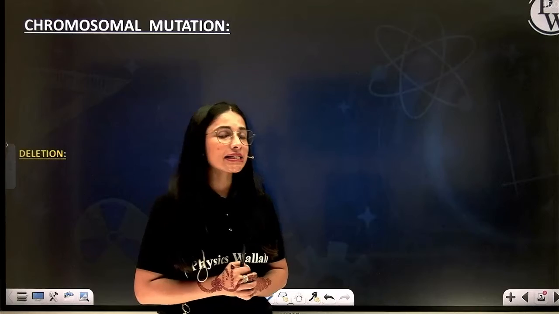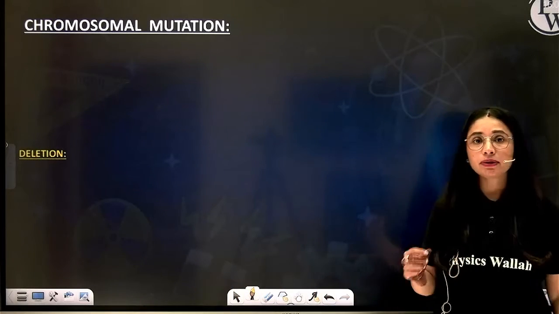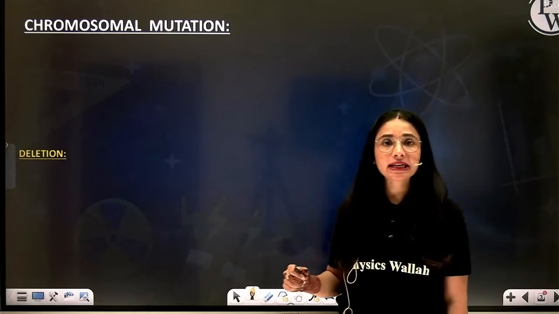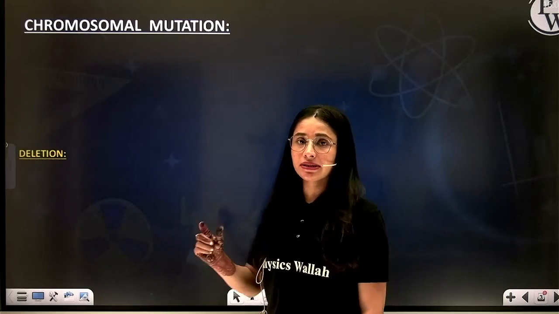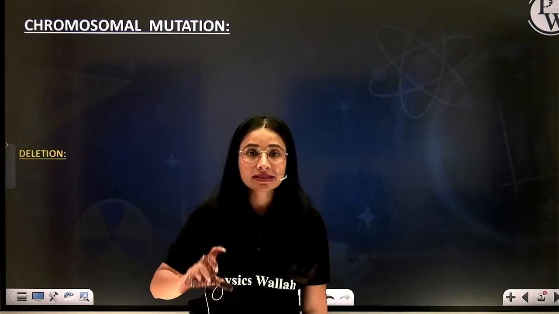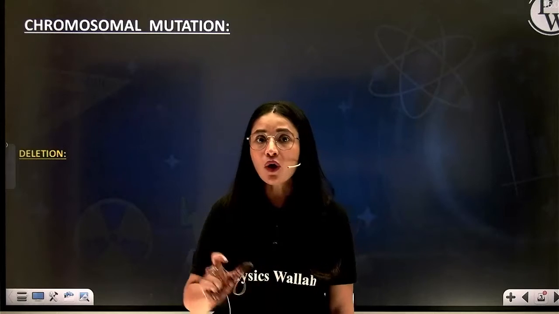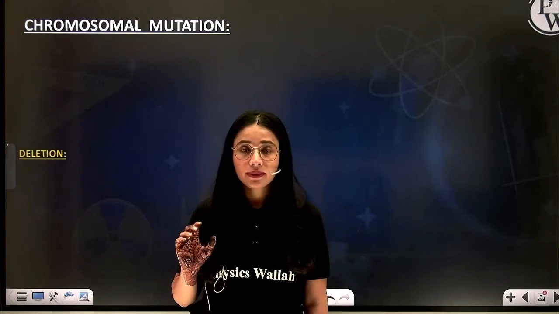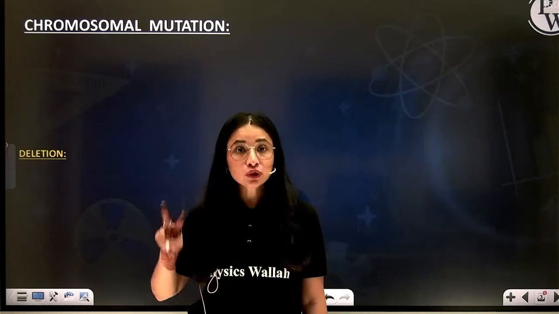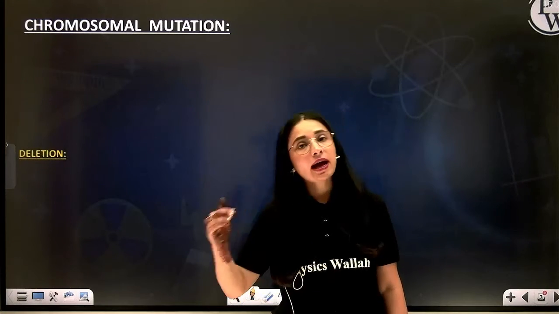First, let me give you a quick revision of what gene mutation is. Basically, beta, gene mutation means a mutation occurring in a specific nucleotide of a gene located on a chromosome. There you have seen two types of mutation under the headings frame shift and substitution mutation.